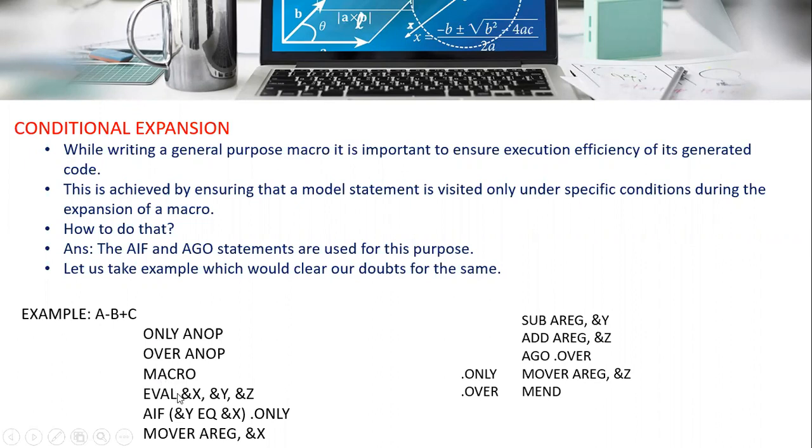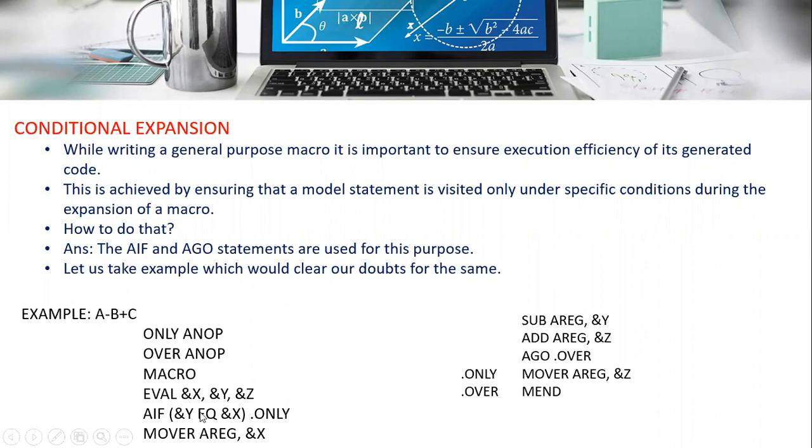Here we start the macro. The name of the macro is EVAL, and the positional parameters given to that macro are X, Y and Z. Next is AIF, where we pass the condition: &Y equals &X. Then our control transfers to the ONLY statement.